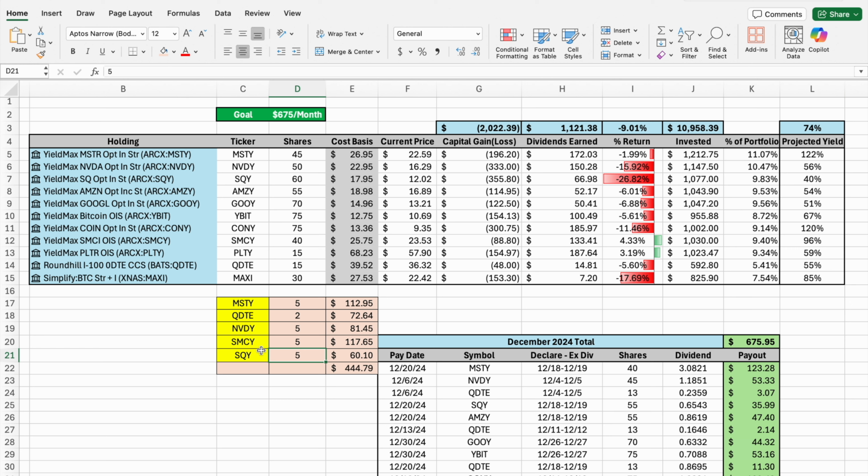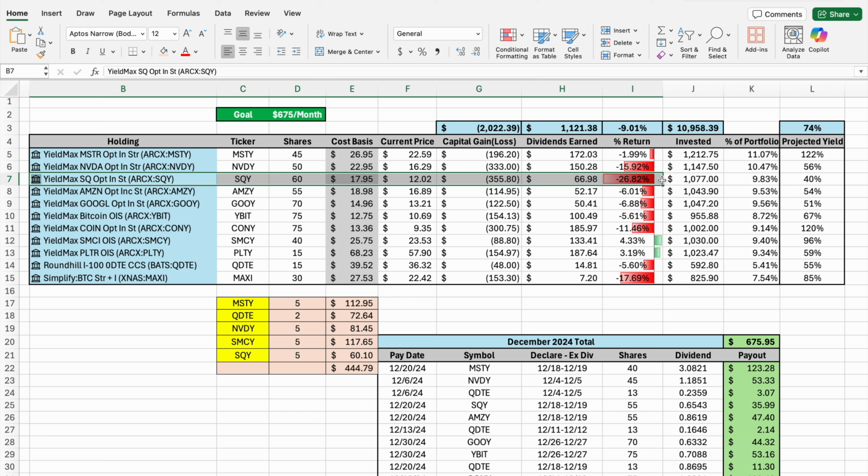part of why I decided to buy these funds is I wanted the most bang for my buck, right? So SQY, right? We take a look at SQY right here. That is the fund that has the most significant negative percent return, right? It's down 26.82%.